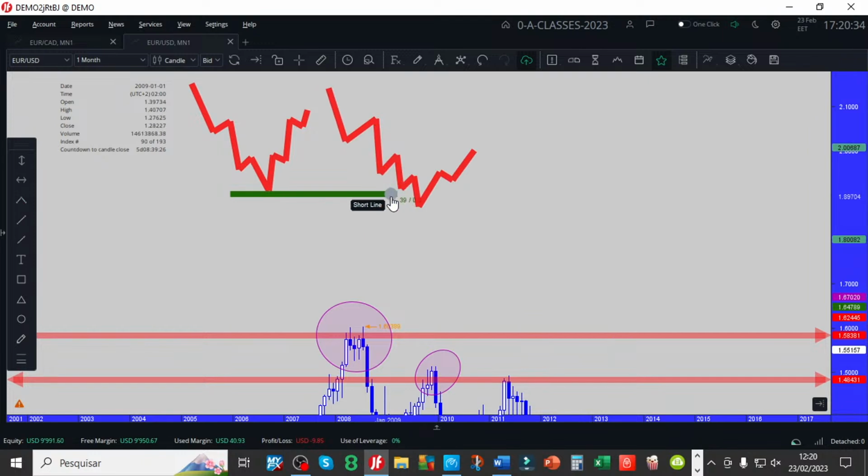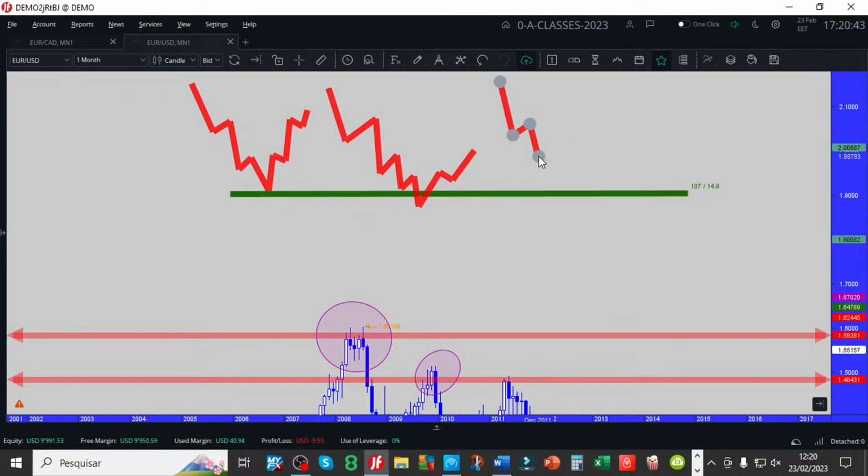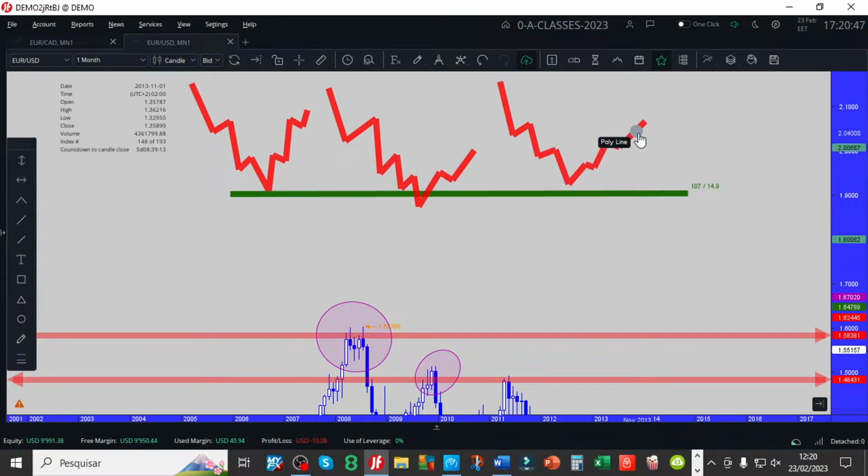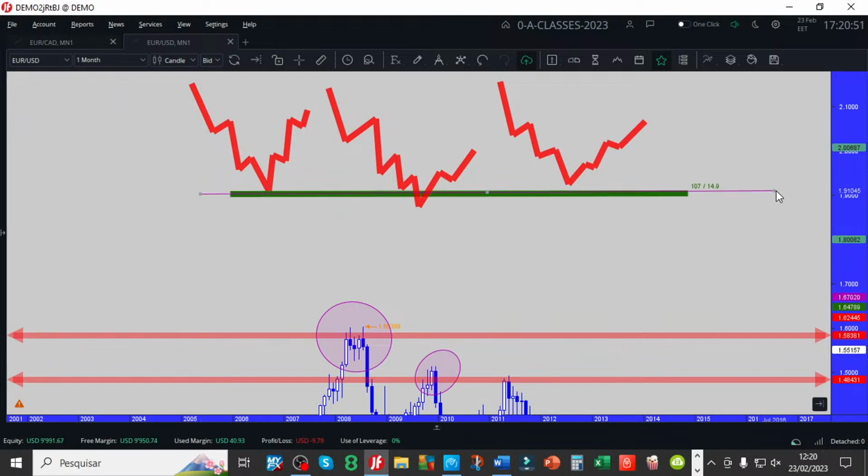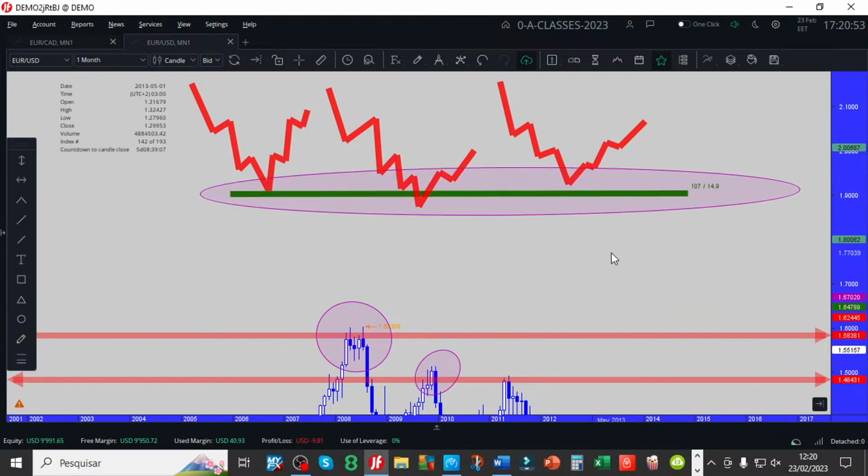Still valid. Sometimes the market is going to go down like this, almost hit and react. Still valid. Why, boss? Because it's an area. It's not aligned to the pip.